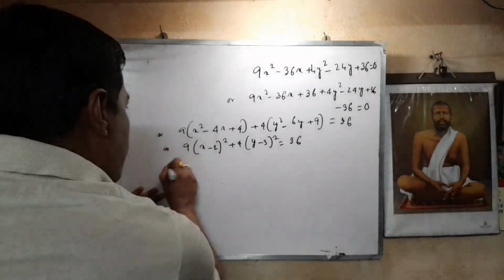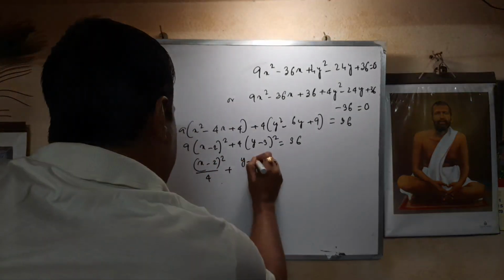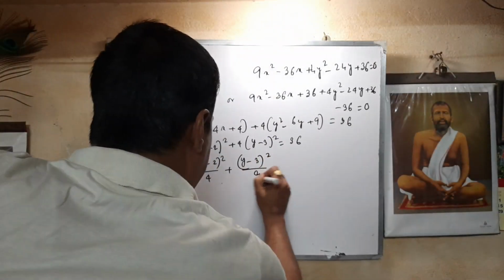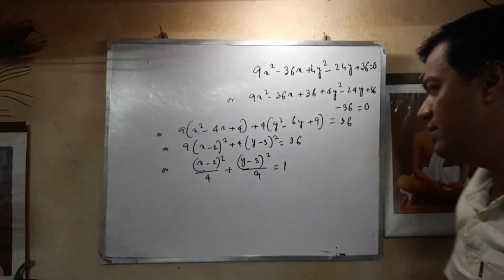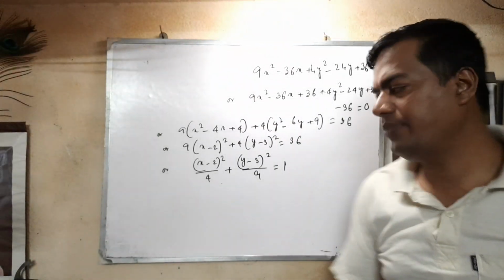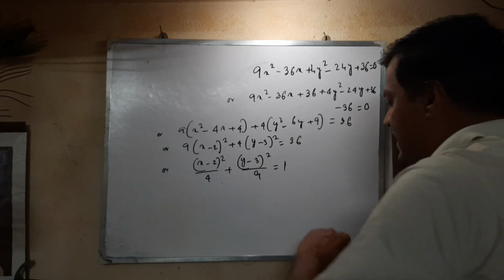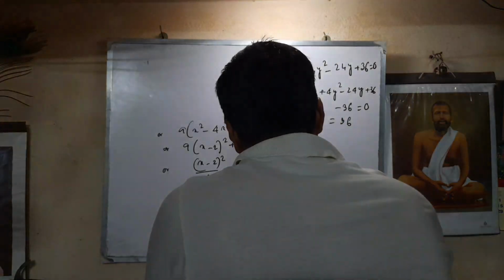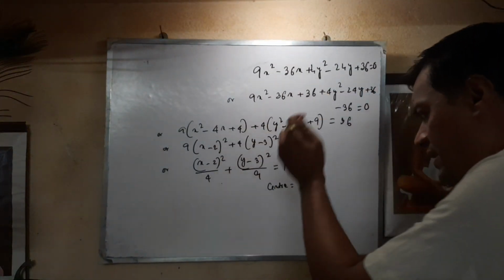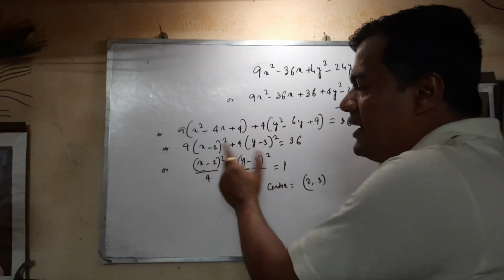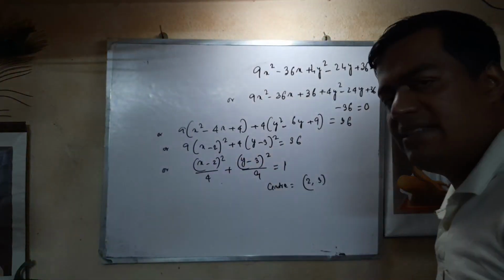Okay, so dividing both sides by 36, we have (x − 2)²/4 + (y − 3)²/9 = 1. So it is a familiar equation of an ellipse with its center at (2, 3), and the axes are chosen by setting x − 2 = 0 and y − 3 = 0.